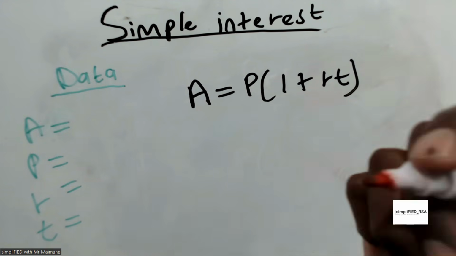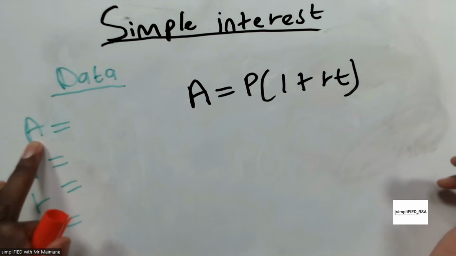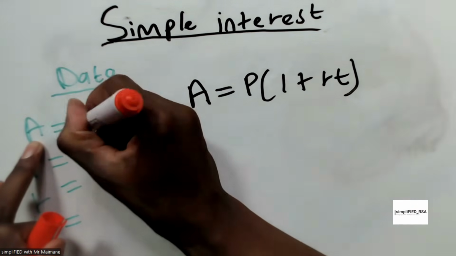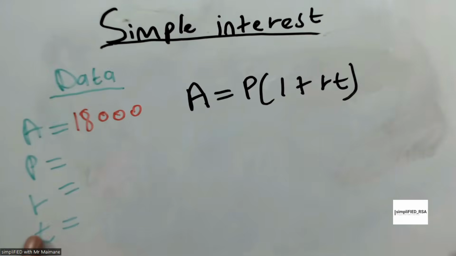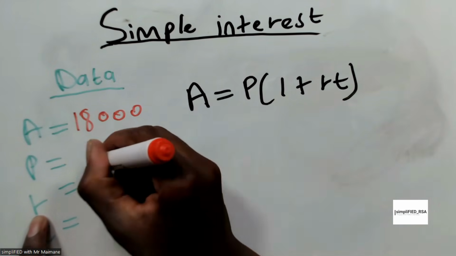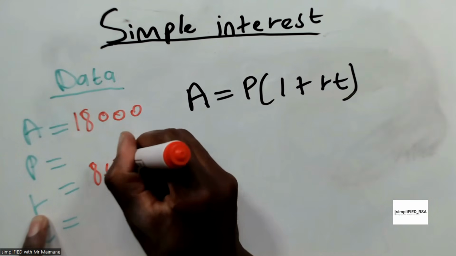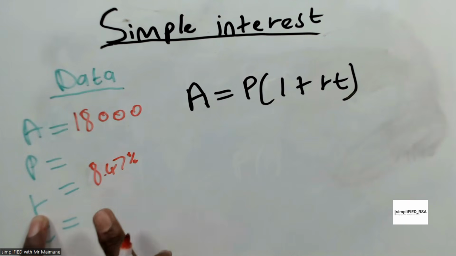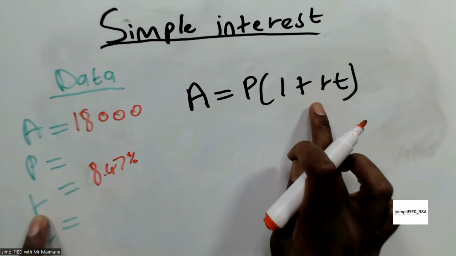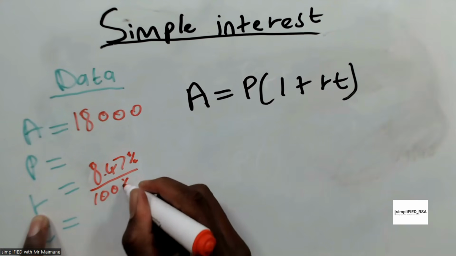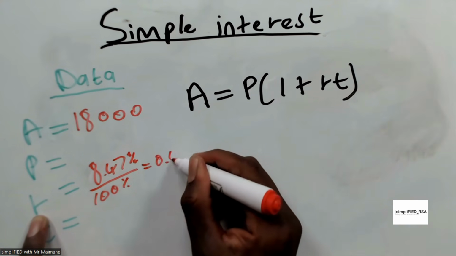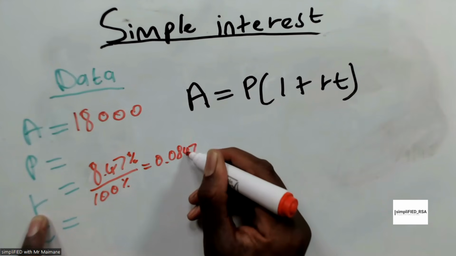Now, we know that Joanne wants to achieve a future value of 18,000 rands in 20 months' time. So our future value is 18,000 rand. We know that the interest rate is 8.47%. But in order to plug this value into the equation, you have to divide by 100% to make it 0.0847.